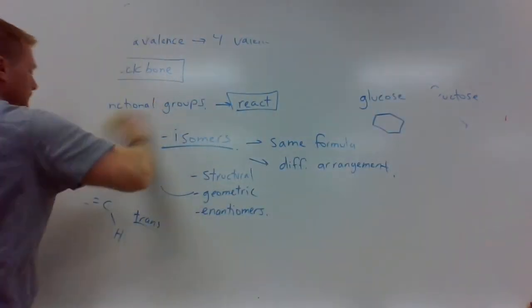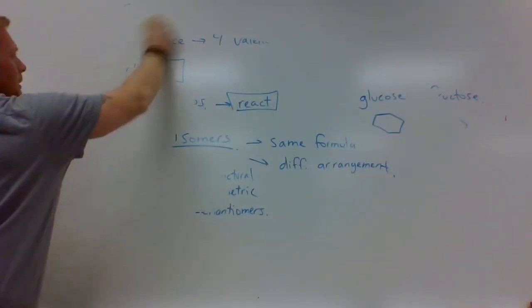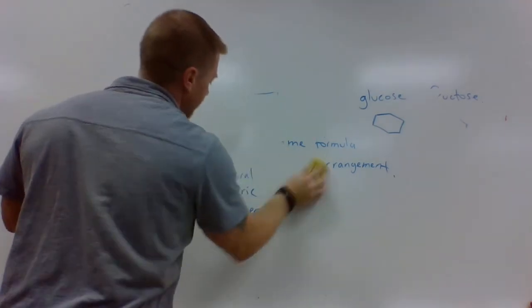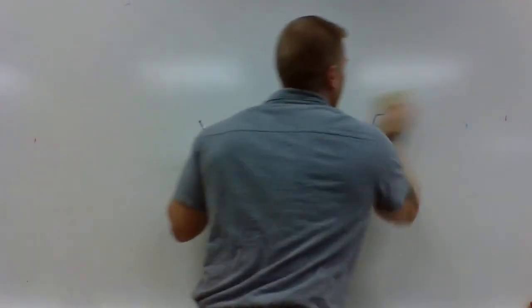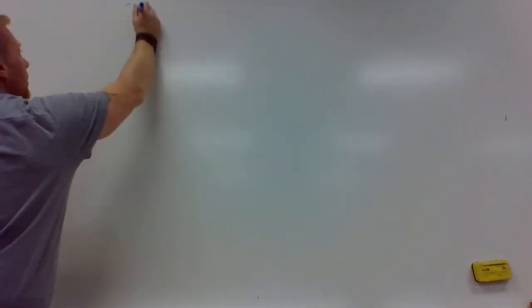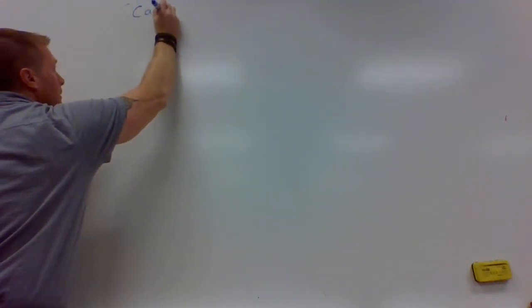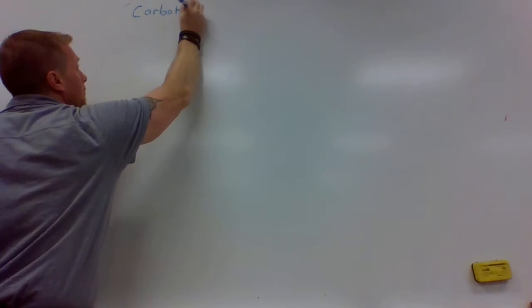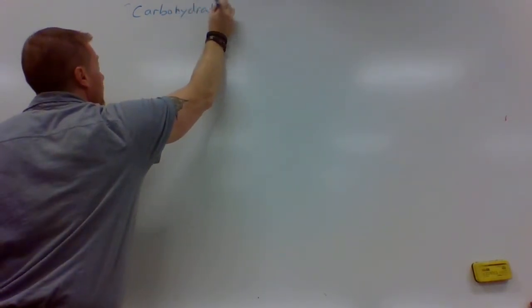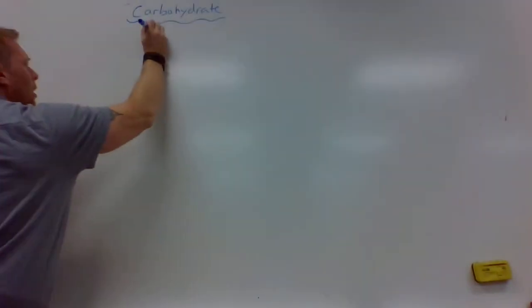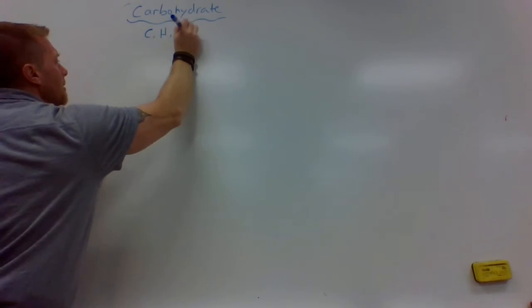Macromolecules. So we'll go through each type. First type of macromolecule we talked about is the carbohydrate. First of all, carbs are only made up of 3 atoms, right? They're made up of carbon, hydrogen, and oxygen.